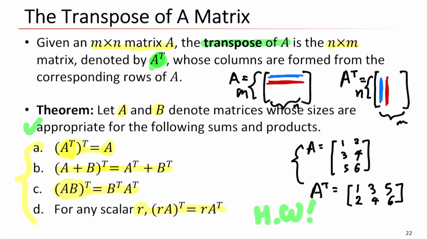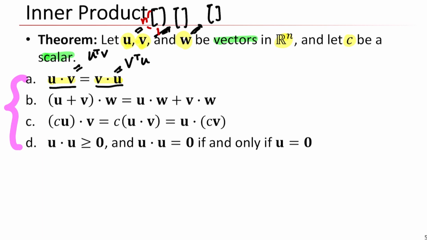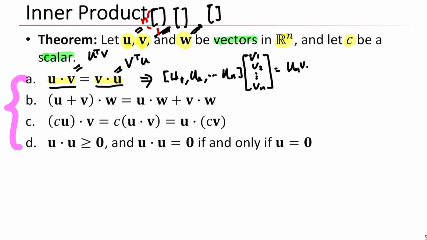You can easily verify this one. For example, u transpose times v is u1, u2, ..., un times v1, v2, ..., vn, right? So u1 v1 plus u2 v2 plus ... plus un vn.